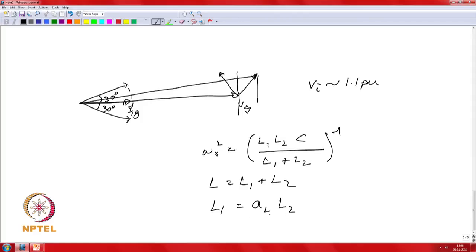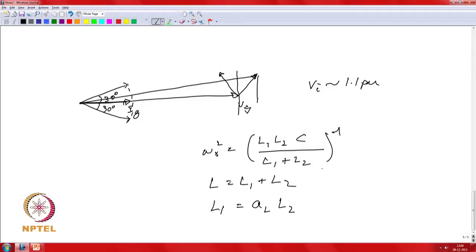So for example, if AL is close to 0, it means that the entire inductance L is equal to L2. If AL is equal to 1, it means L1 is equal to L2, and if AL tends to infinity, it means the entire inductance L is in L1 and L2 is negligible.